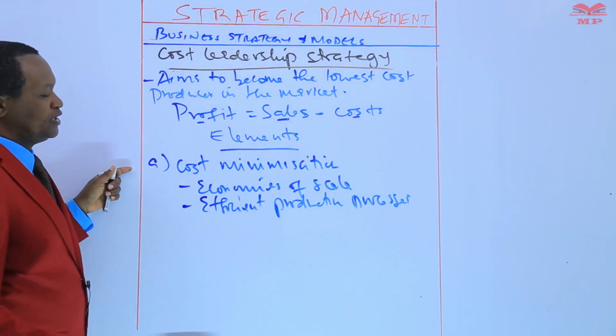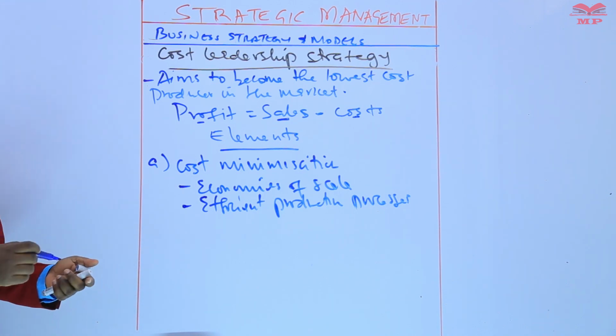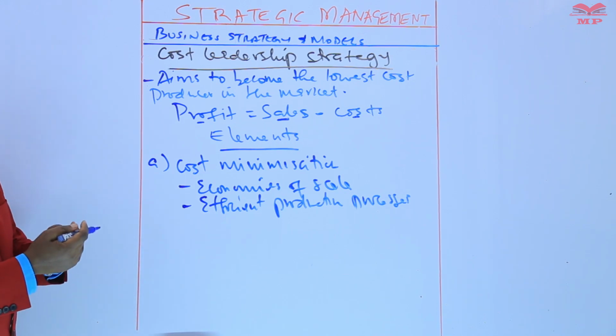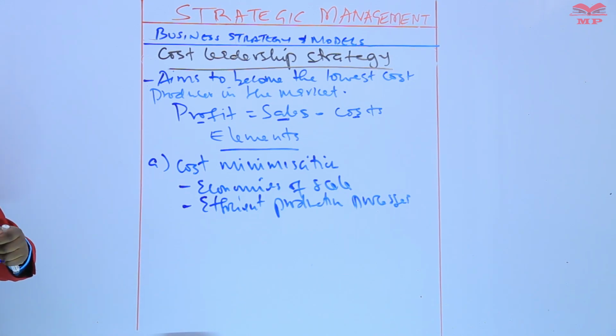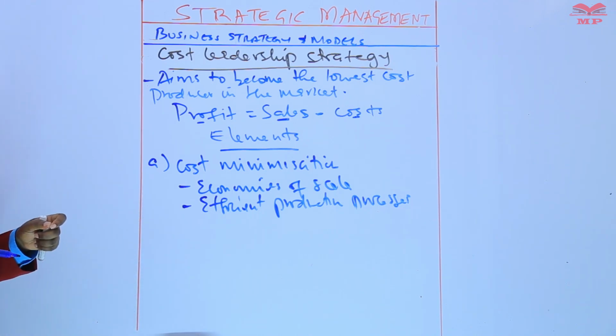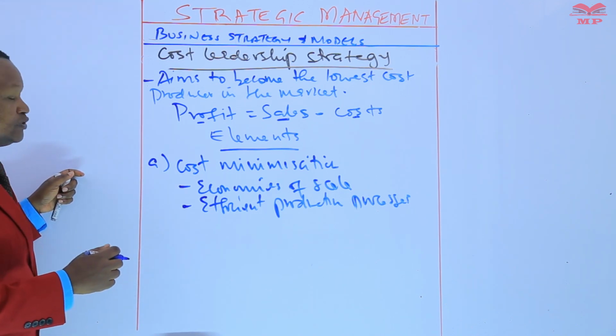Cost minimization can be achieved through efficient production processes, streamlining operations, eliminating waste, and optimizing resources, or what we call resource optimization. You understand?